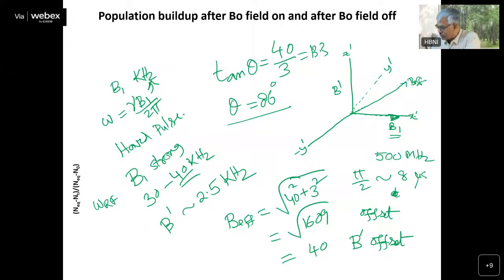You can find out what would be the uncertainty in frequencies. You can also see that you can generate all the frequencies needed to excite all the protons which are present in the offset, or which are precessing with offset frequency.